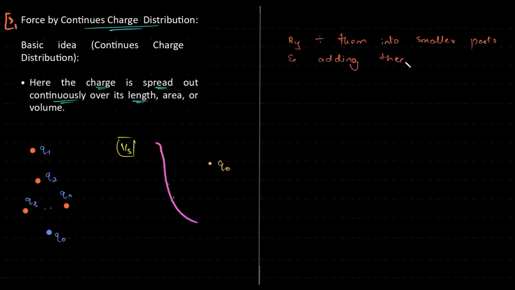Again, remember, adding them how? With the help of superposition theorem. Again, remember that these two are charges. These two will have the same property as this. Whatever math we did over here is again applicable over here also, but the scale is small, right?